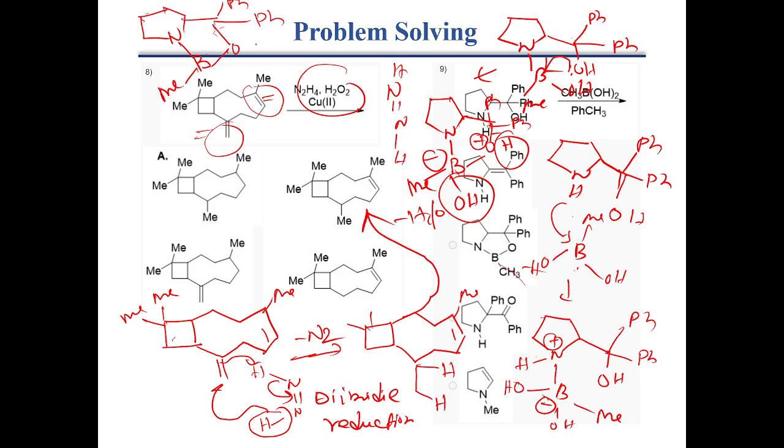So this is the active catalyst of Corey-Bakshi-Shibata reduction. So this will form. This is the active catalyst of Corey-Bakshi-Shibata reduction.